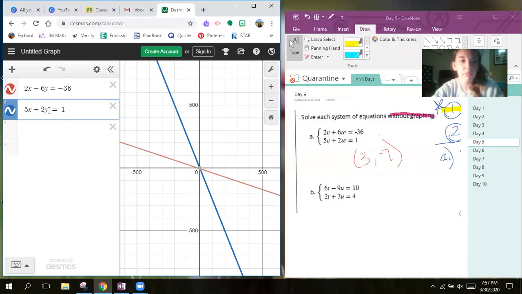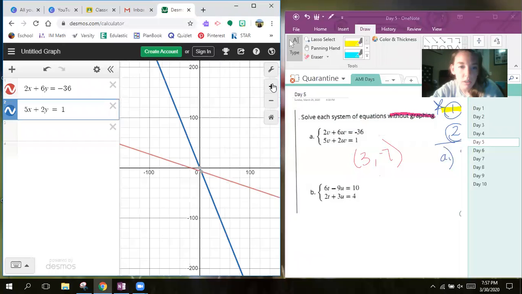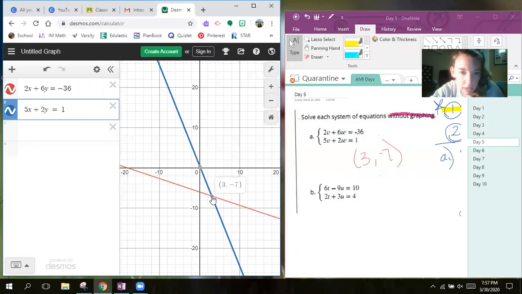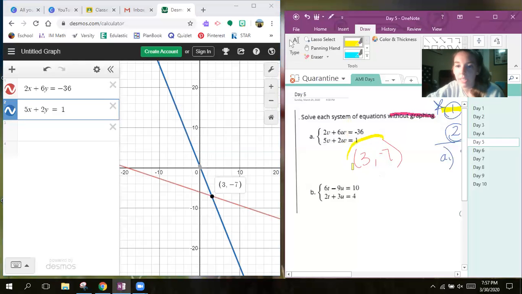Oh, I did w. Okay, so I'm seeing where those two lines intersect, right here, at positive 3 and negative 7, which is exactly what we said. So it's just that point where they intersect, and that's how you solve it by substitution.